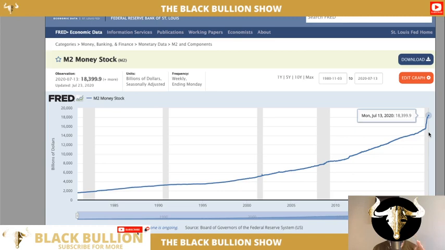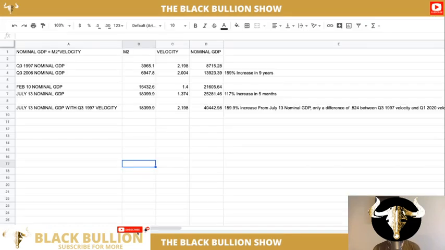Now, to really drive this point home further, I used the monetarist theory and calculated nominal GDP using these numbers in the spreadsheet here. Now, nominal GDP equals M times V, essentially M2 times velocity. That's what you'll get for nominal GDP for a particular country that you're analyzing. So obviously, this is for the United States. For Q3 1997, the nominal GDP equaled 8,715.28.